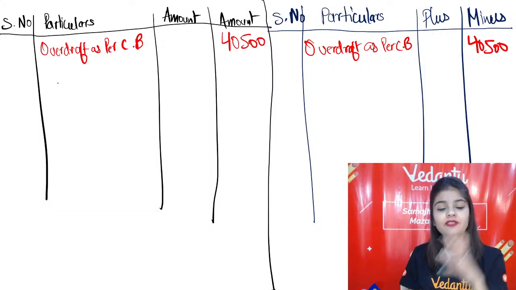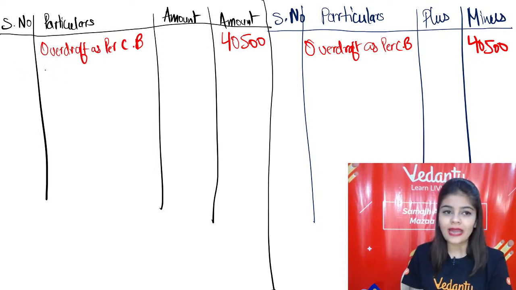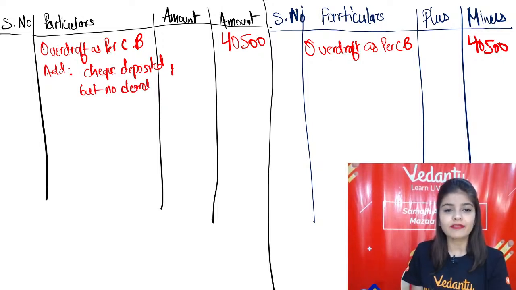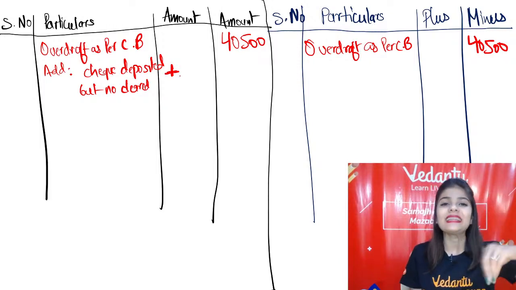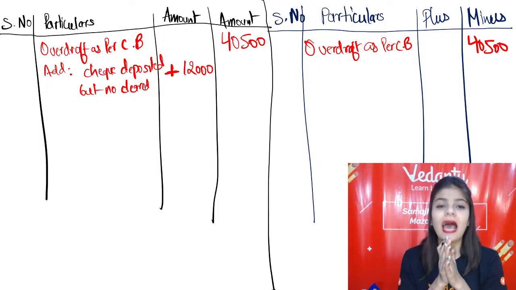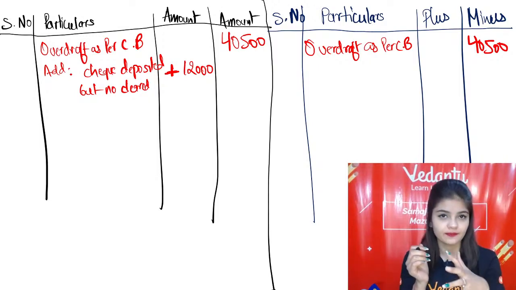In the first format, I will only write: add check deposited but not cleared. I will write it in the inner column. I will add 12,000.